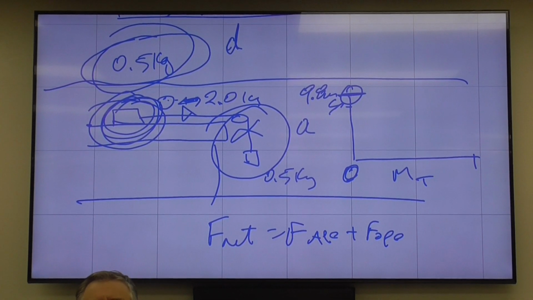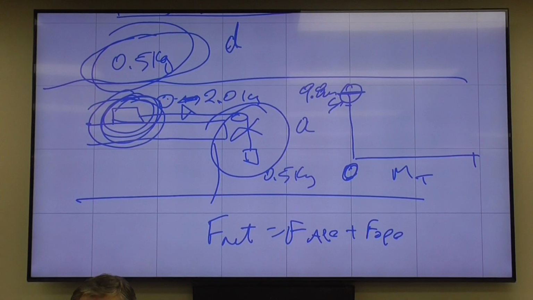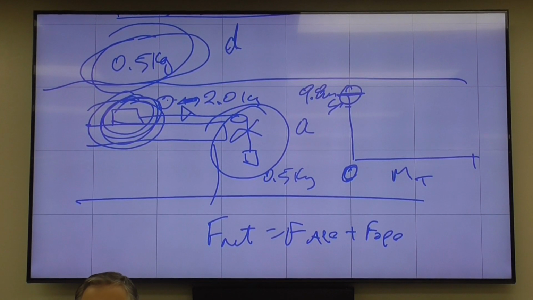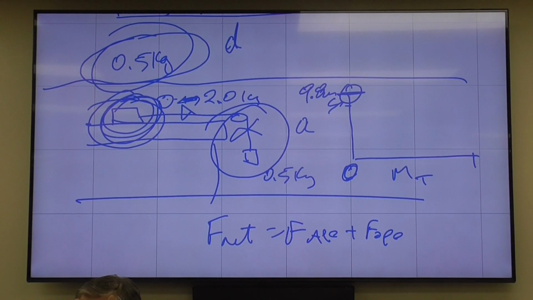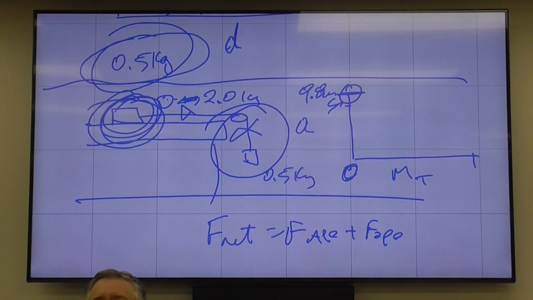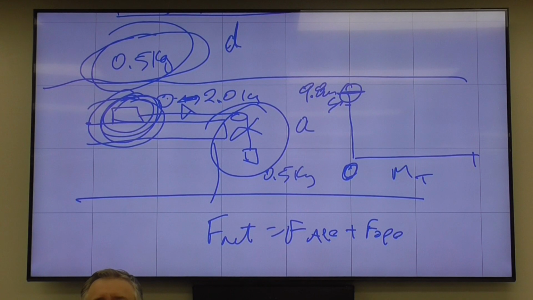So, when you get your acceleration on a system like this, what do you always divide by at the end? Force over mass, equals acceleration. What mass? The mass of everything.